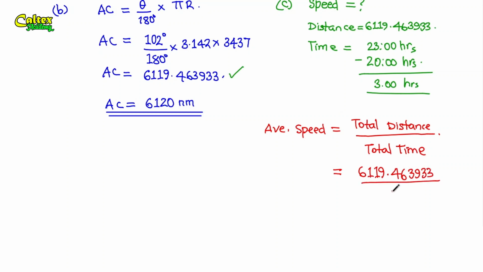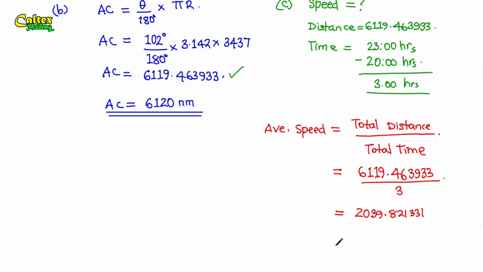We divide it by our time, that is 3. So if you input this on your calculator, we get the average speed as 2039.821,311.